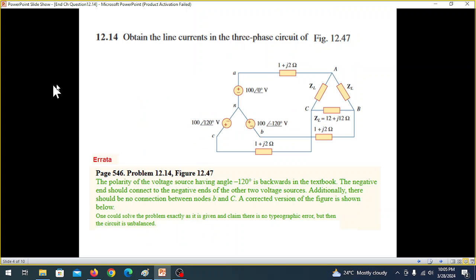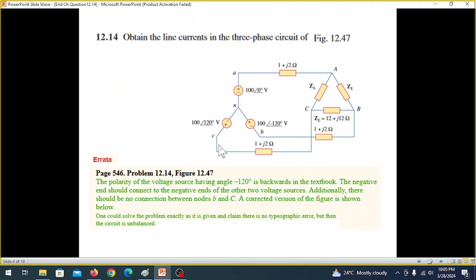Okay, now let's see. After I checked this in the third edition, I checked it in the fourth edition, fifth edition, sixth edition, and all of them have the same mistake. I'm amazed why the author did not correct this or did not notice this.